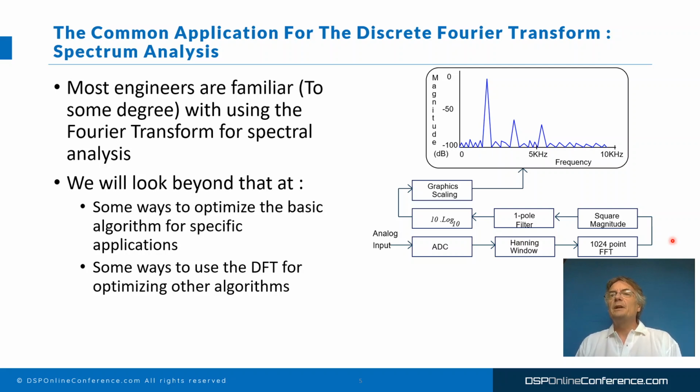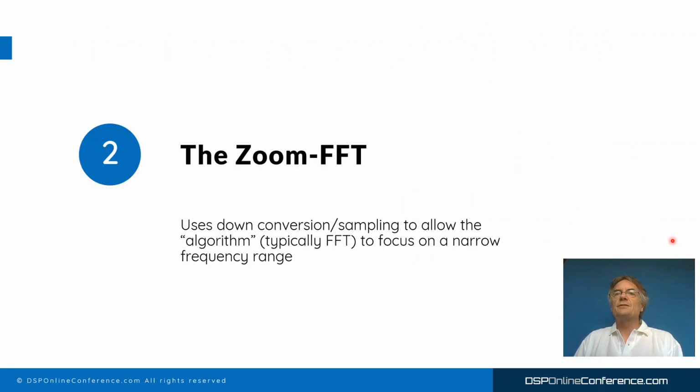It's a very common processing chain for the Fast Fourier Transform. But as I say, this is not the only application for it. So we're going to look at how we can use the Fast Fourier Transform in different application areas, starting, as I mentioned, with the Zoom Fast Fourier Transform.